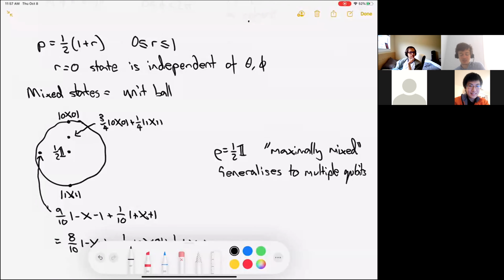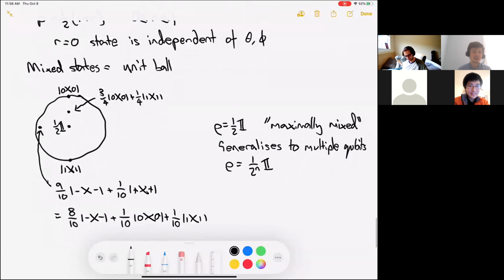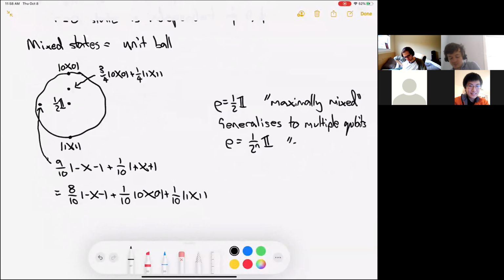We say that it's maximally mixed if rho equals 1/2^n times the identity. Basically it means you have equal probability of having any state. We just have absolutely zero knowledge about the state.